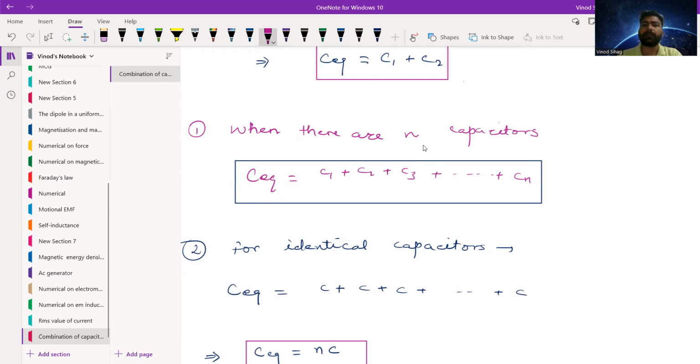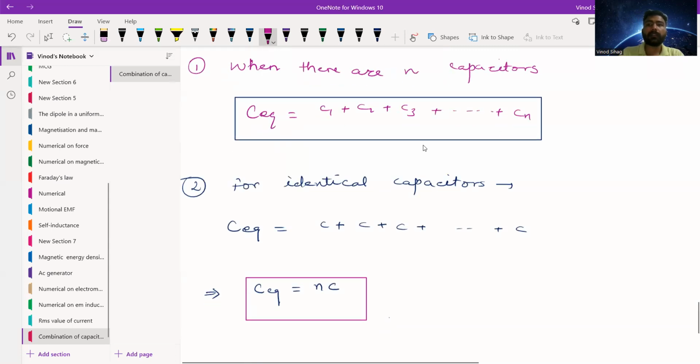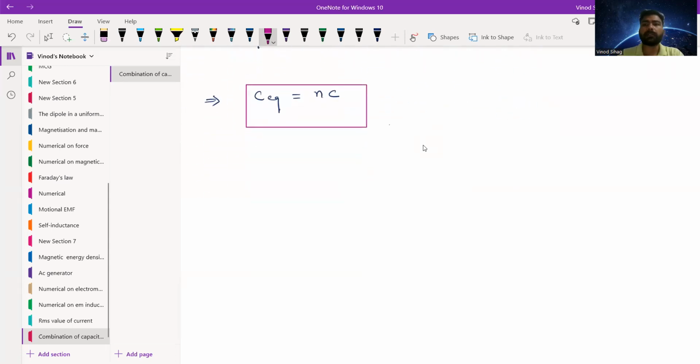They can change the variables, they can give you the charge also, and if the equation contains three variables, they will give you two variables and ask for the third unknown variable. Similarly here also, you can find the equivalent capacitance from the given variables.